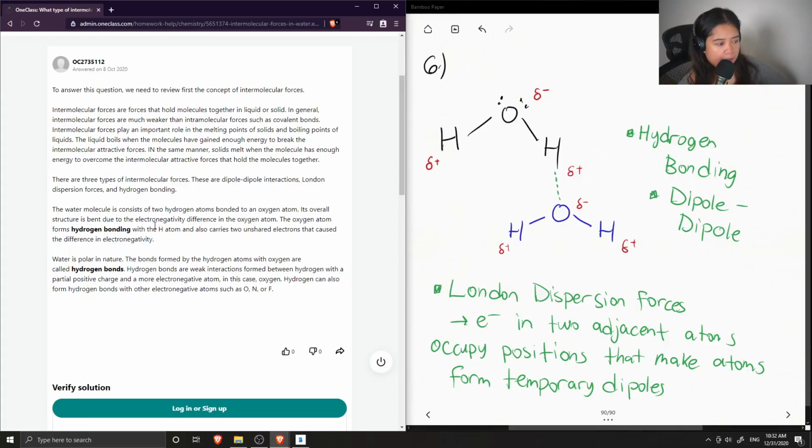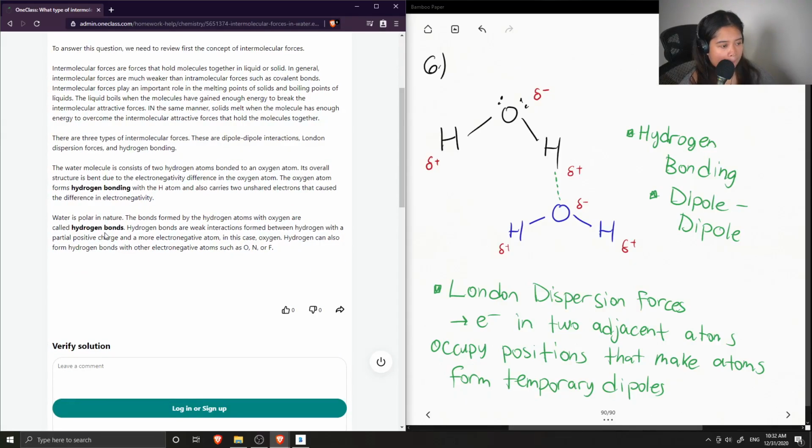The water molecule consists of 2 hydrogen atoms bonded to an oxygen atom. Its overall structure is bent due to the electronegativity difference in the oxygen atom. Well, it's actually bent because of the lone pairs of oxygen. That's a different story. Anyways, the oxygen atom forms hydrogen bonding with the hydrogen atom and also carries 2 unshared electrons that cause the difference in electronegativity.